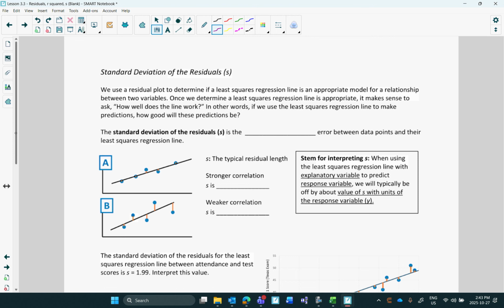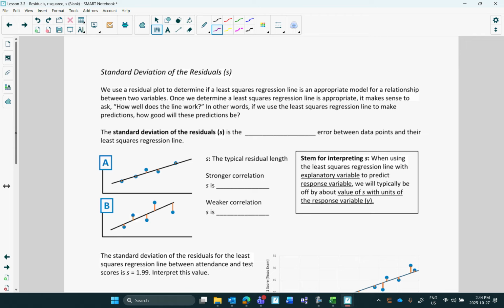there's a couple of measurements we can use. One you're familiar with: standard deviation. What you've learned is that in a data distribution, it's the typical distance between a data value and the mean.